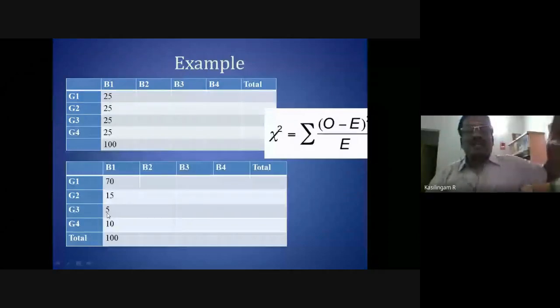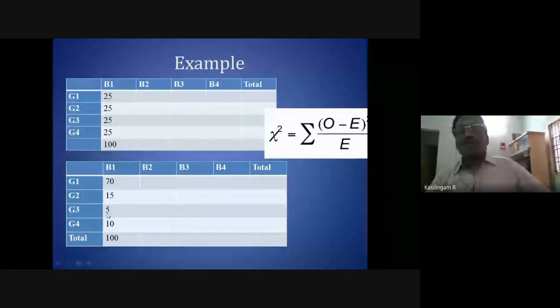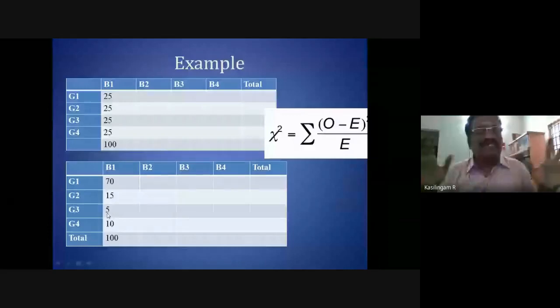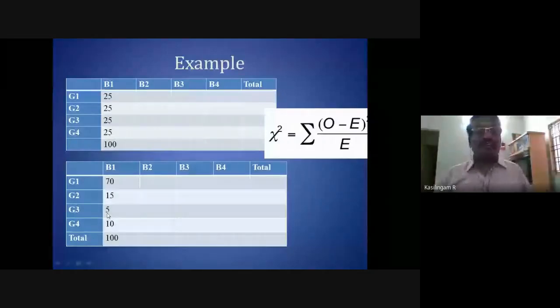If observed is also 25 and expected is also 25, then O is 25, E is 25, and my chi-square value will be 0. So the chi-square value will be very, very less. The more O increases, for example if O is 80, my chi-square value will jump.